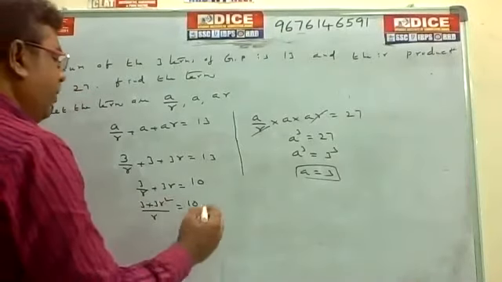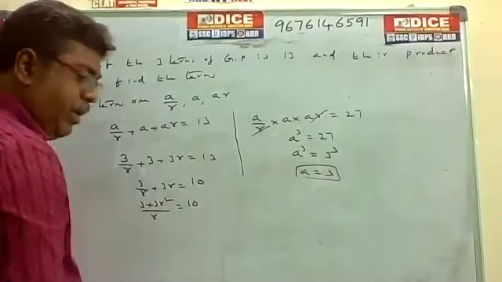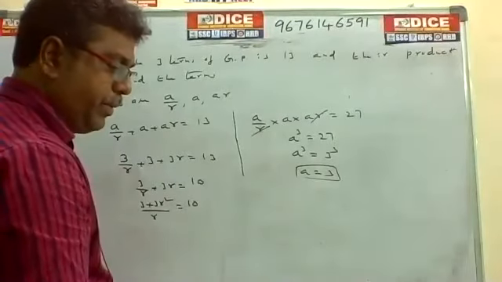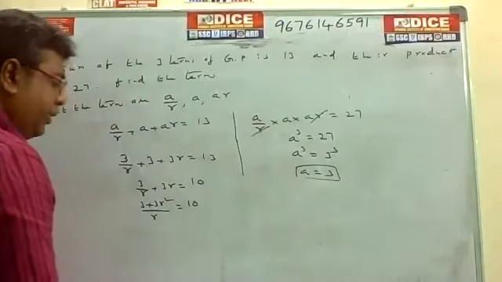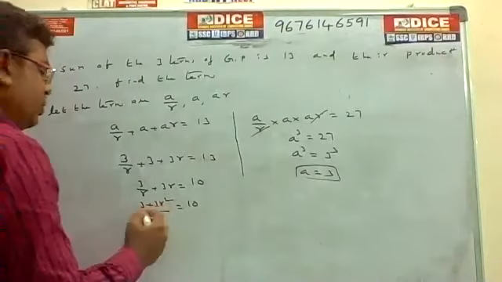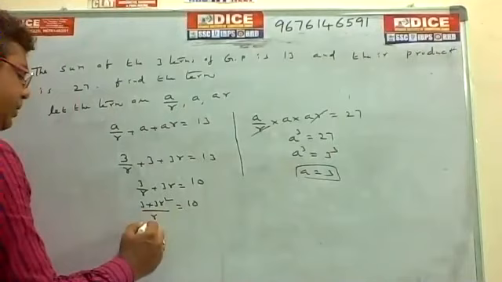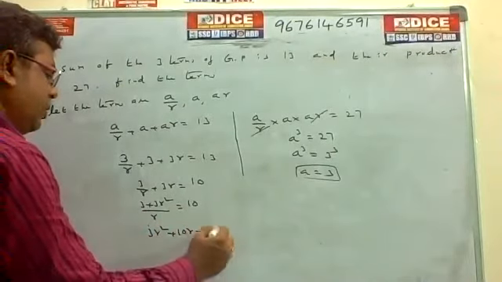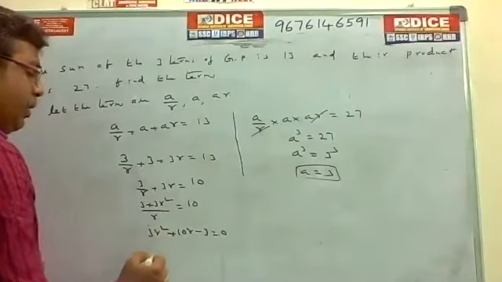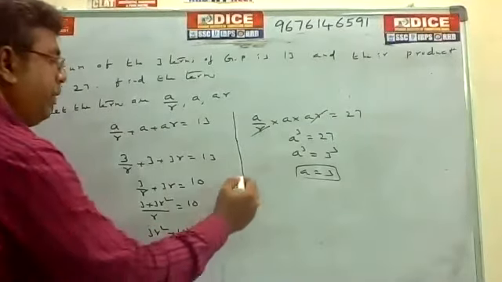So we will get the equation: 3R square minus 10R plus 3 is equal to 0.